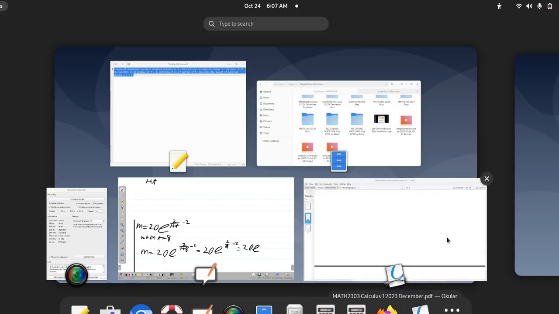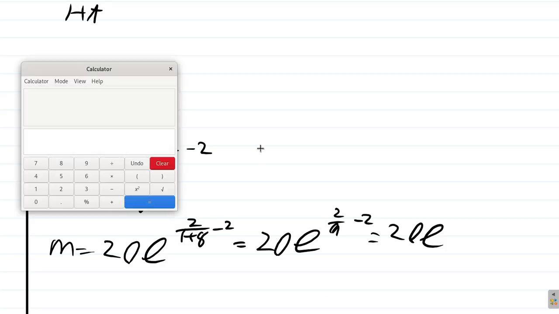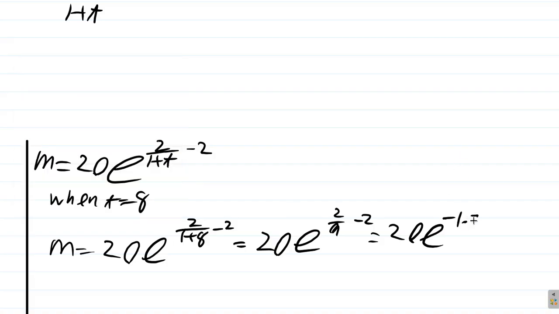Let's get our calculator. We have 2 over 9, equals, minus 2, equals negative 1.778 to 3 decimal places.